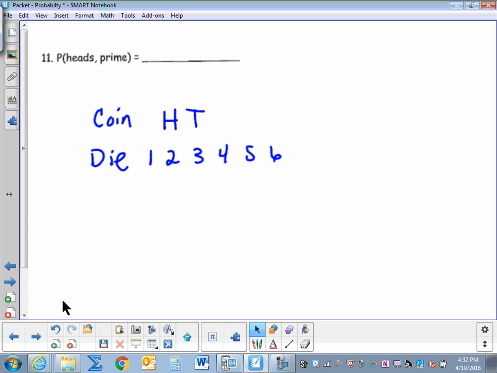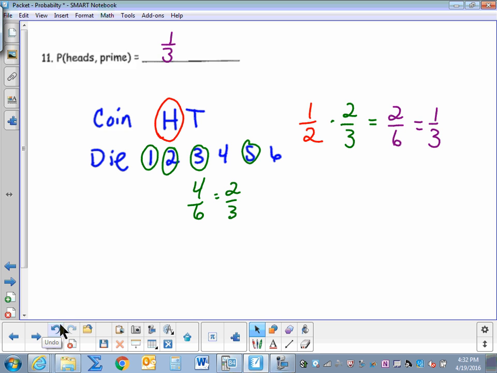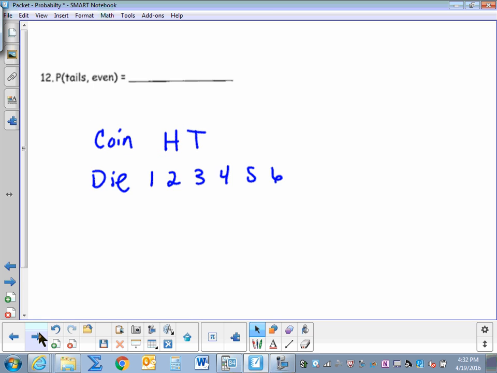What's the probability of flipping a coin and having it land on heads, and then rolling a die and getting a prime number? And that's 1 in 3. In our final example, what is the probability of flipping a coin and getting a tails and rolling a die and having it land on an even number?